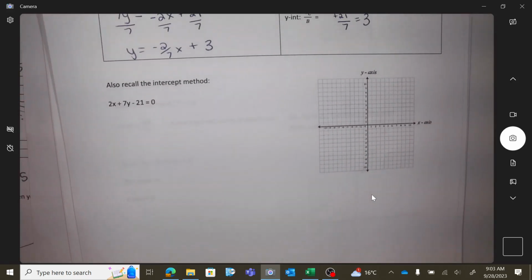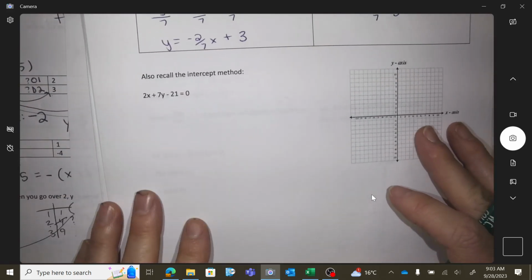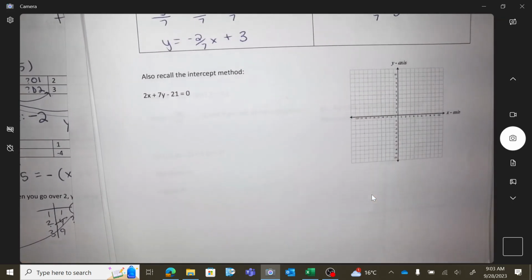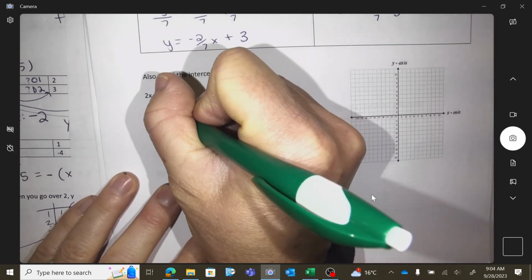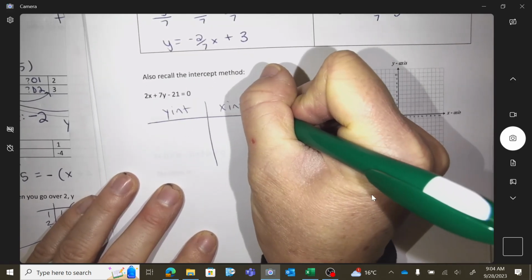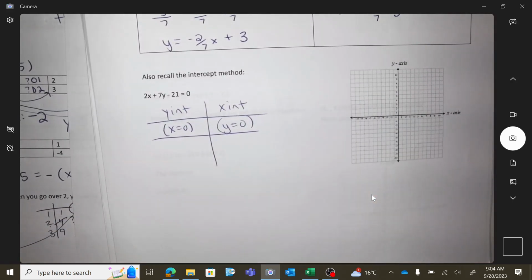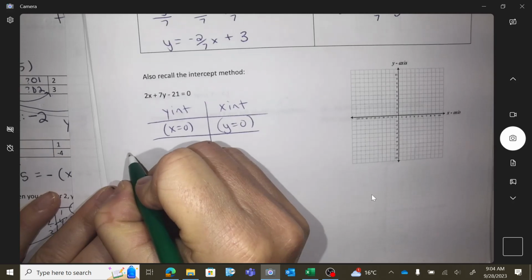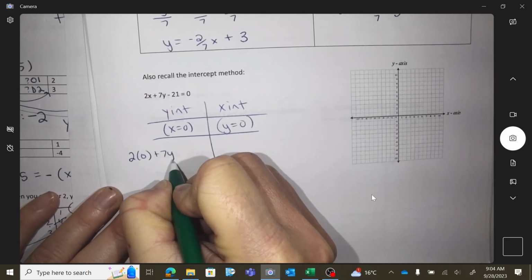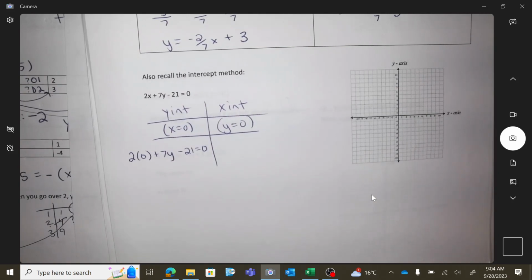Okay, we are also going to check out the intercept method, just to show you that everything will connect and work. So y-intercept, x-intercept. Remember what the intercepts are. It's when you interchange the zeros. Make one of them 0 and you get the other one. Okay, so what if x was 0? What if x was 0?